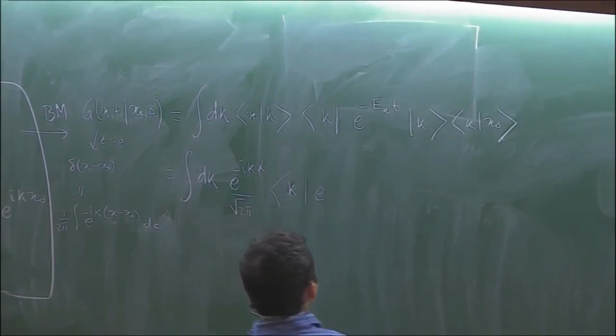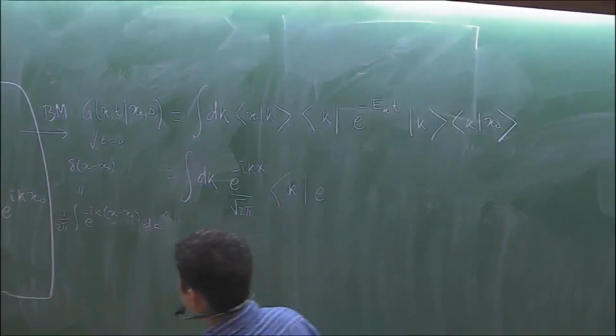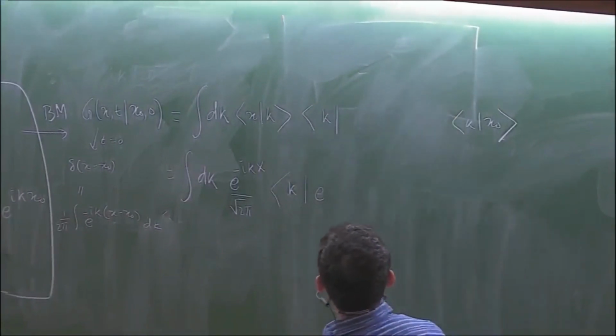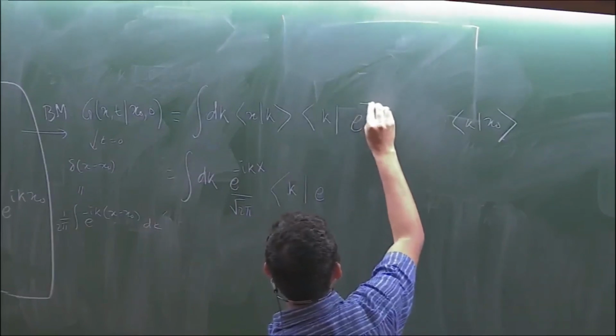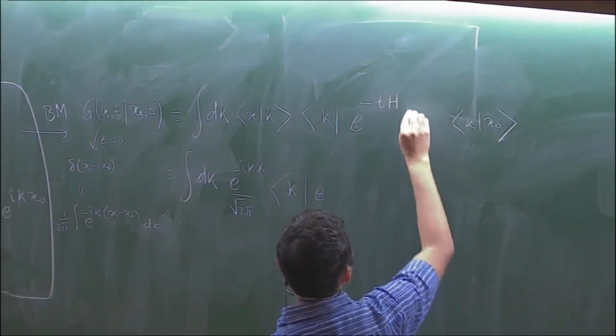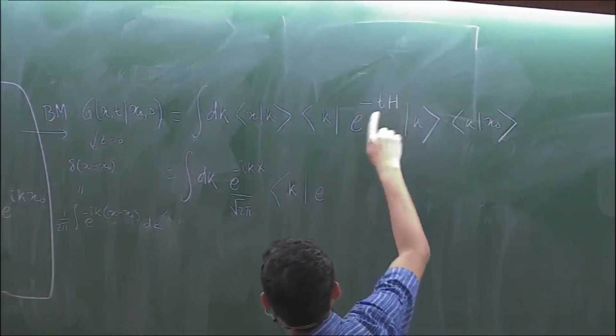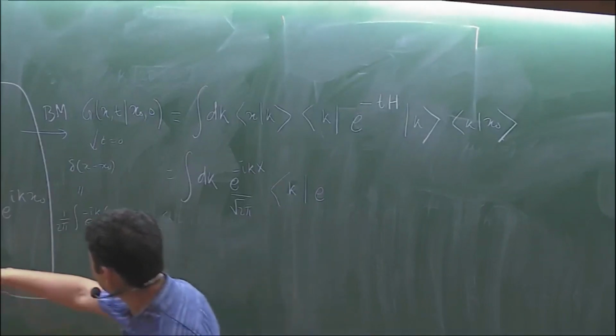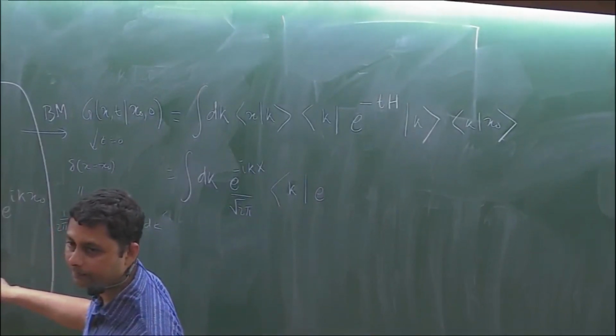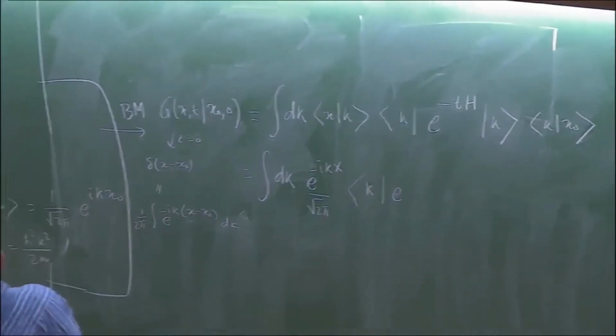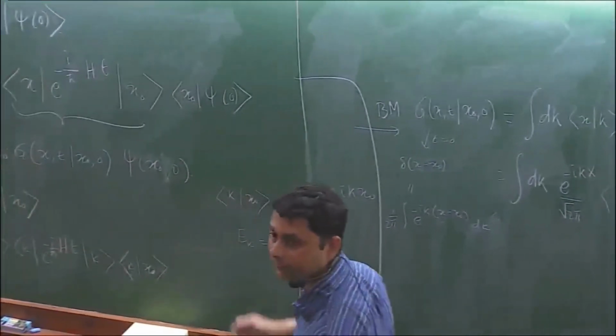Okay, in fact, I should have kept it. Okay, let's just keep it as t, because once you put it there, you can actually just contract this one, no? Right? So e to the power minus t h k. And what is the energy? h cross squared k square by 2m. That's equal to, h cross squared by 2m is D, right?